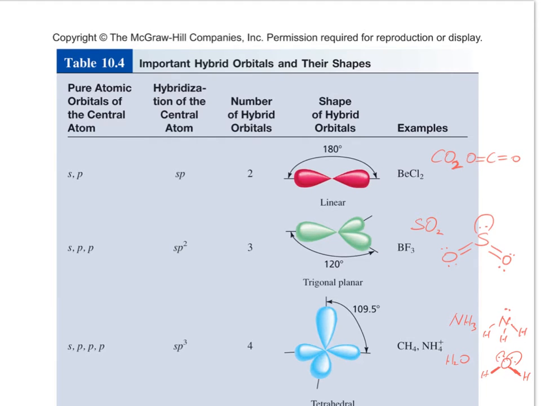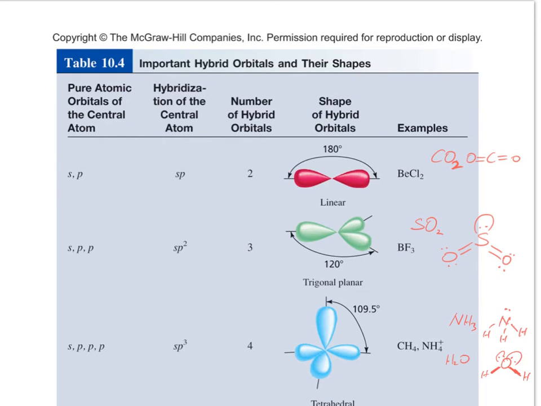So 2 plus 2, we have 4 pairs. And for 4 pairs, the arrangement should be tetrahedral, and this leads to the sp3 hybridization state of the central atom, oxygen. Of the 4 sp3 orbitals, 2 form sigma bonds with hydrogen, and the remaining 2 sp3 hybrid orbitals hold the 2 lone pairs.